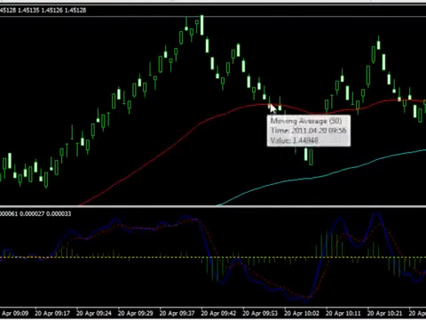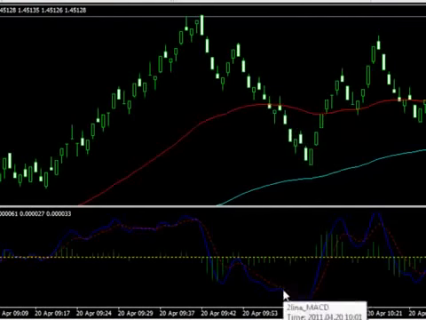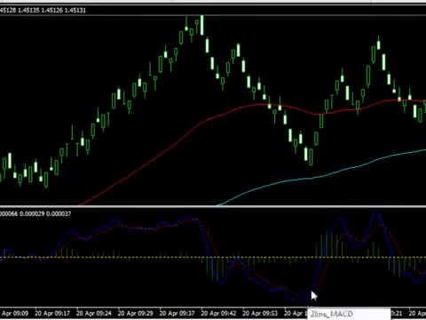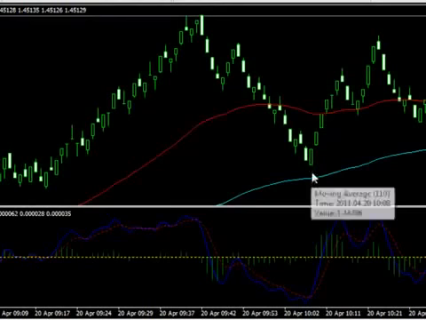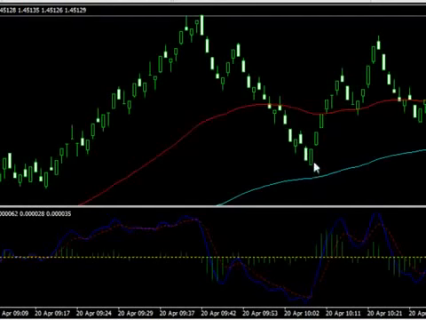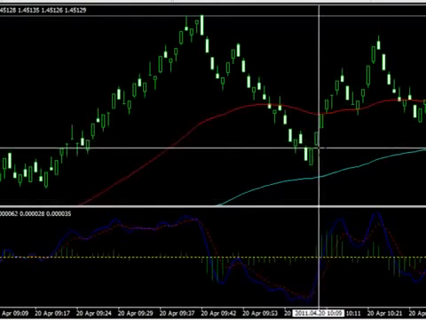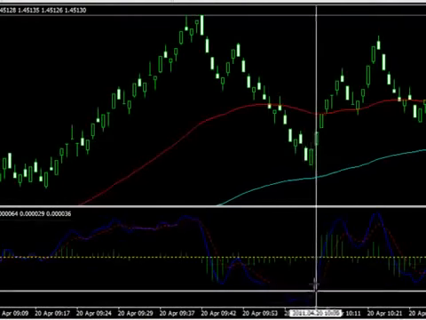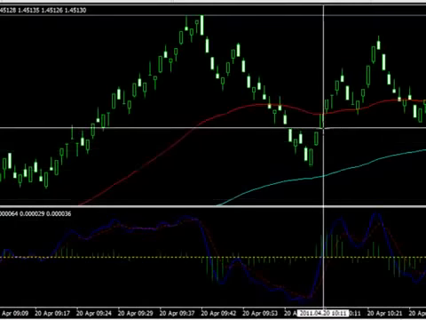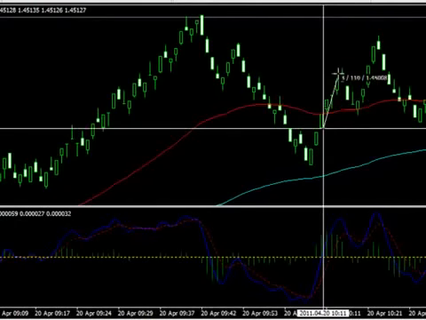Now this one, we touch the 50, and we're still waiting for the MACD to cross below. It keeps coming down, still within that range, and it's quite wide, which we like. And then it finally does cross the zero line, or the MACD crosses, and it is below the zero line. So let's say we get in here, there's 10 pips there.